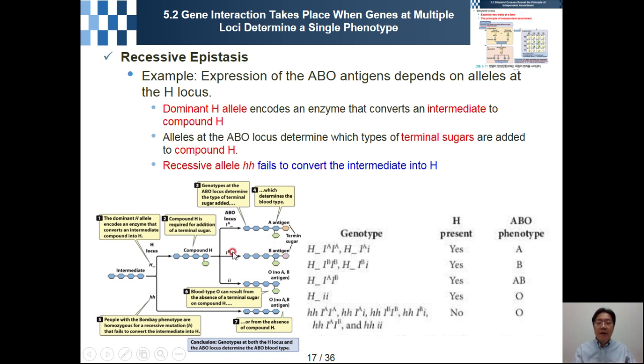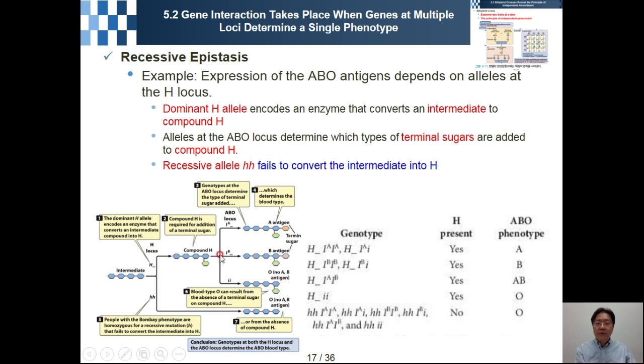How about if they are IB? In this case, their terminal sugar will have the B antigen. If they have small ii, in this case no antigen can be added here.